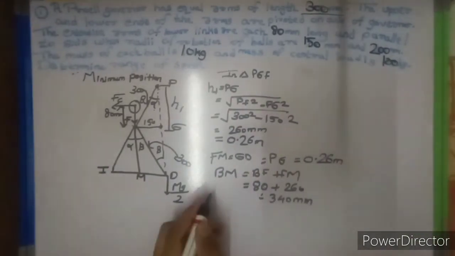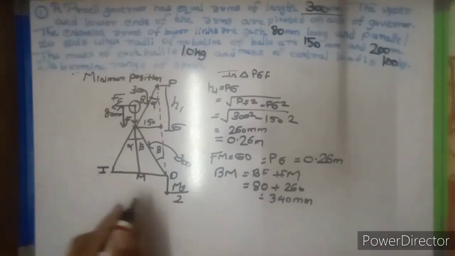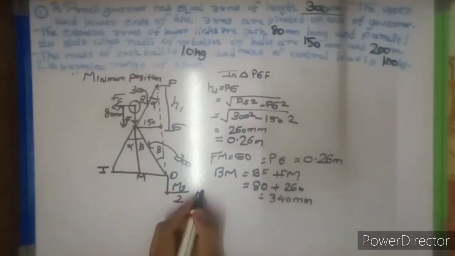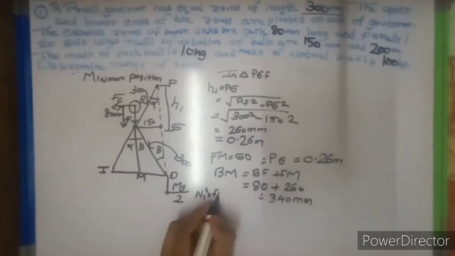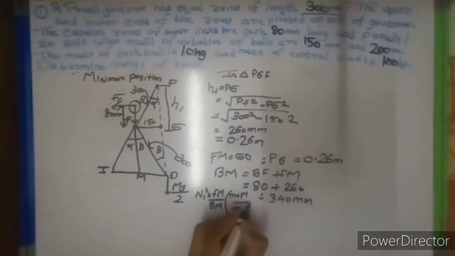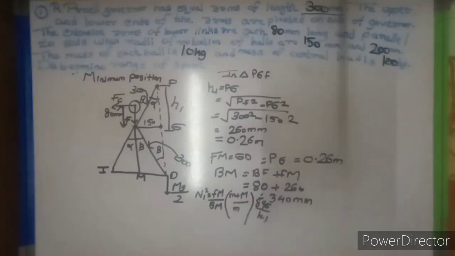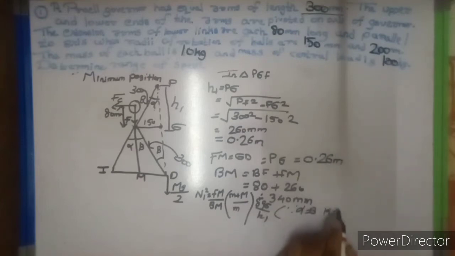Now the relation between N and h. What is the formula, guys? The formula is N1 square equal to FM by BM into small m plus capital M upon small m into 895 upon h1. Since alpha is equal to beta, k is equal to 1.